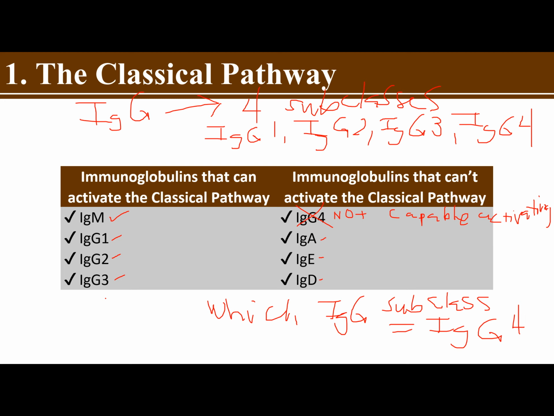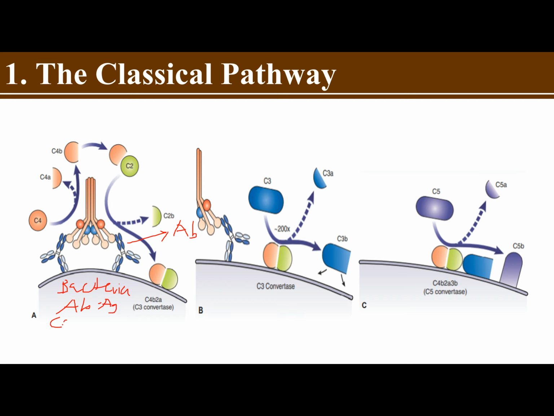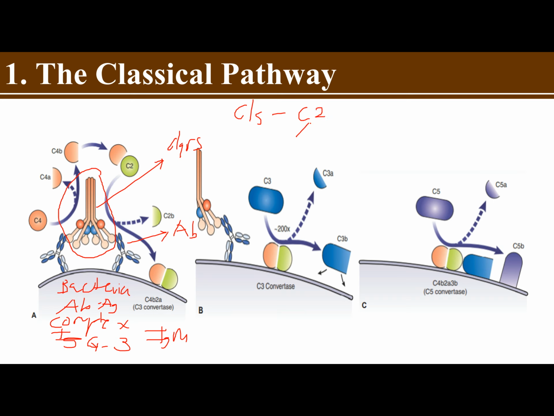Now, what happens here is that once there is the antibody antigen complex caused by either IgG 1 to 3 or IgM, this will now cause class the arrival of the complement system, or the classical pathway. This is your C1QRS. Now, when C1QRS class arrives, specifically your C1S class would cleave C2 into 2.